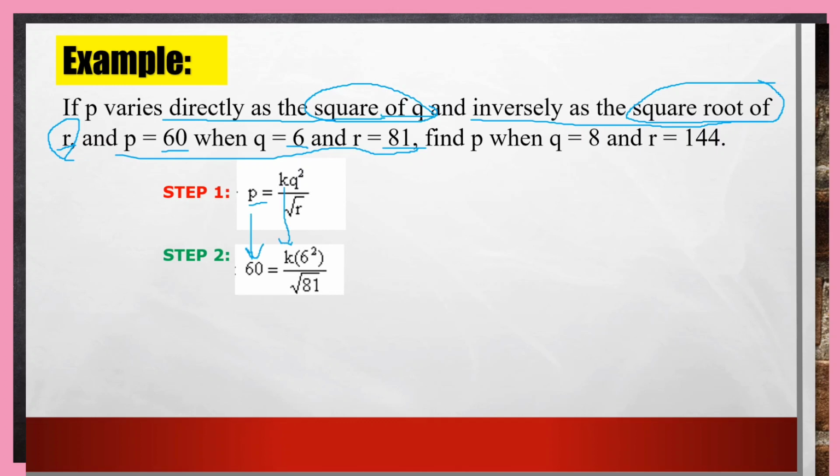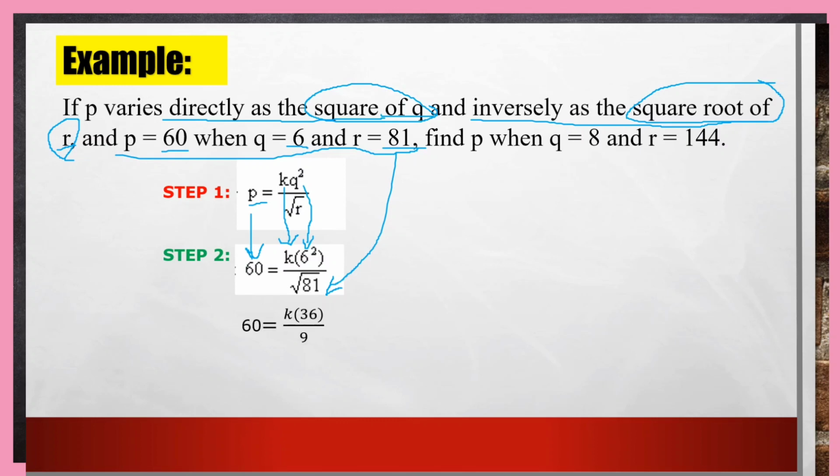After that, we write k, and then the value of q is 6. Do not forget to write the exponent 2, so we have 6 squared. And then the value of r, which is 81. Then do not forget to write the radical sign. So we have 60 is equal to k, parenthesis 6 squared all over square root of 81.